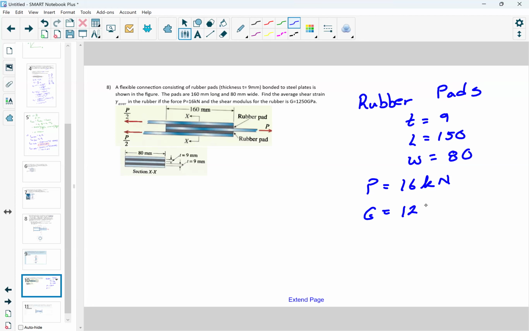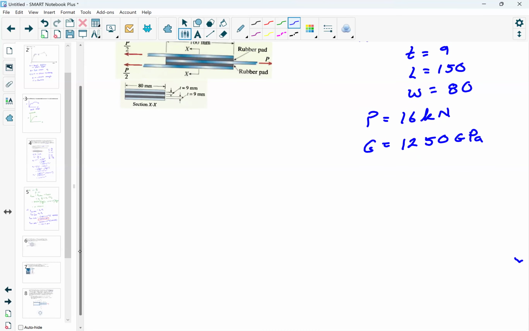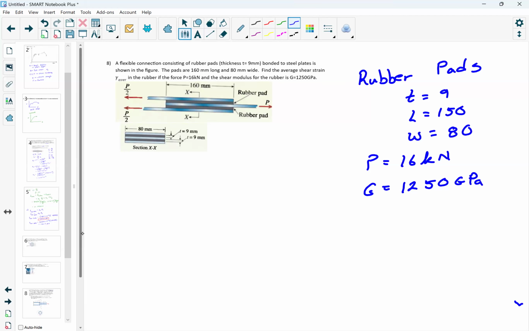And that's because, why are we given G instead of E for this problem? What's the difference? Because it's shear. Right, we're dealing with shear. Okay, so we're dealing with our shear stress, right? So that's going to be our force divided by our area.